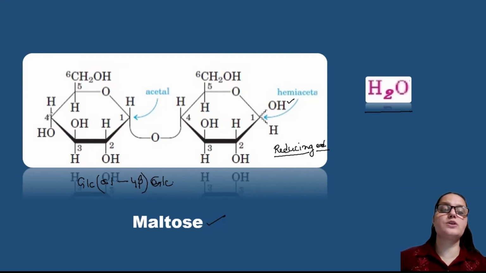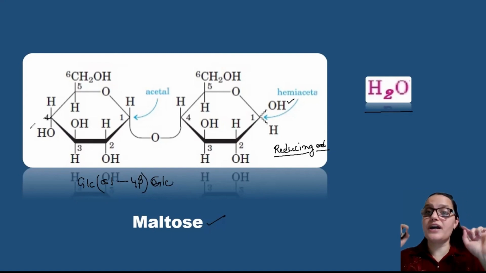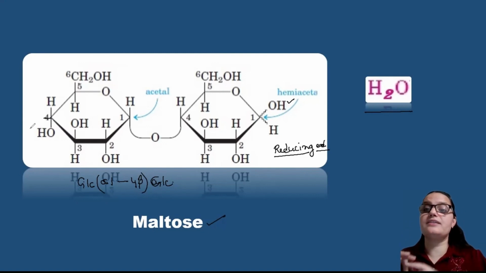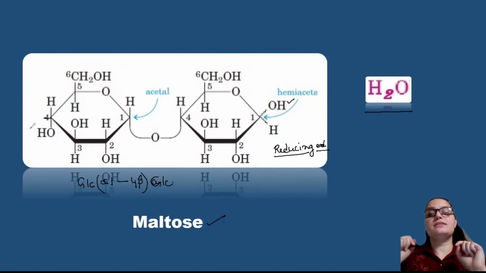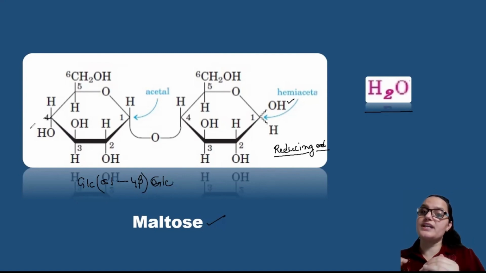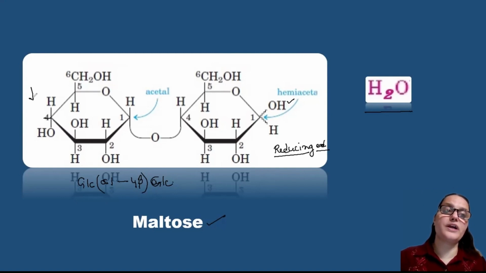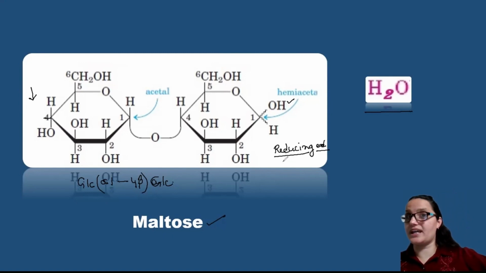Over here this is the non-reducing end of the sugar, because there is no hemiacetal here. If an anomeric carbon, meaning a hemiacetal or hemiketal carbon, is not associated with anything and is free, then that end is the reducing end, and the end where there is no free anomeric carbon is called the non-reducing end. So this end of this disaccharide unit is the non-reducing end, and this one is the reducing end.